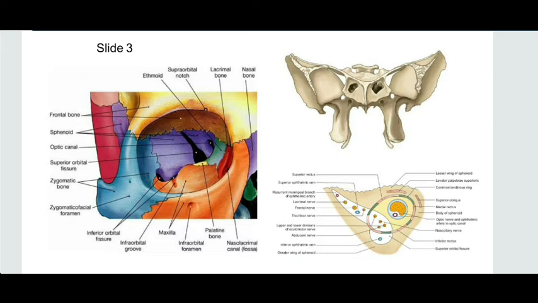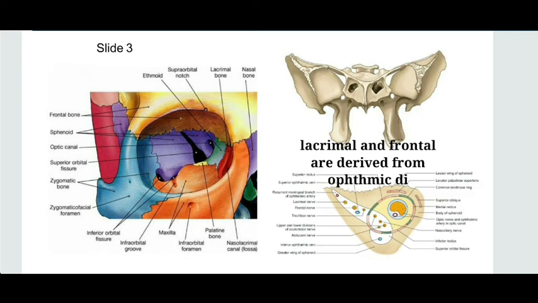The first two, that is the lacrimal nerve and the frontal nerve, are the divisions of ophthalmic division of trigeminal nerve.